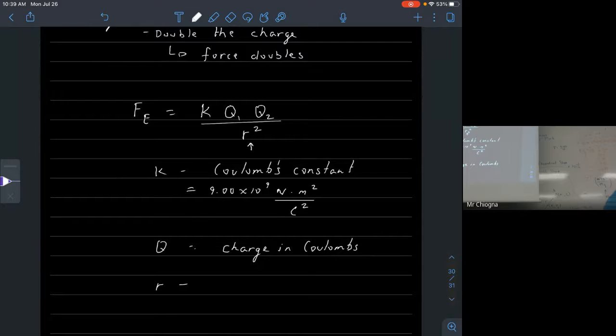R is the distance between charges in meters, same as a planet, center to center, same thing with the charge. The charges are so small, they're called point charges. Wherever I draw the charge, that is the center of the charge. Charges are really, really small. So distance between charges in meters.